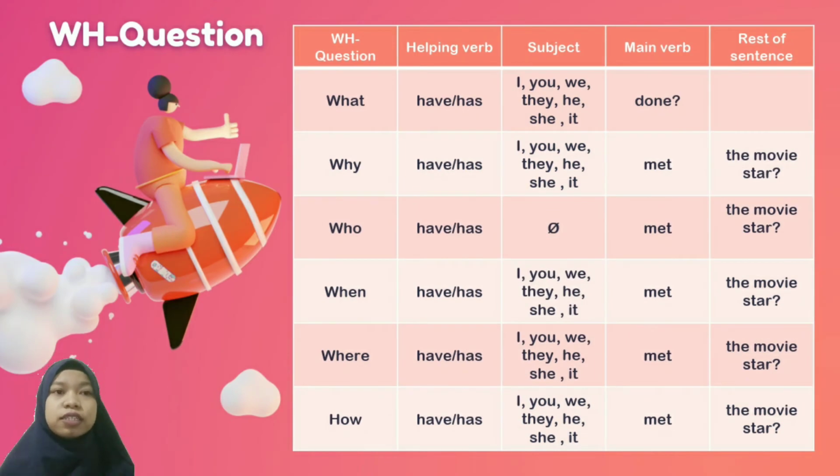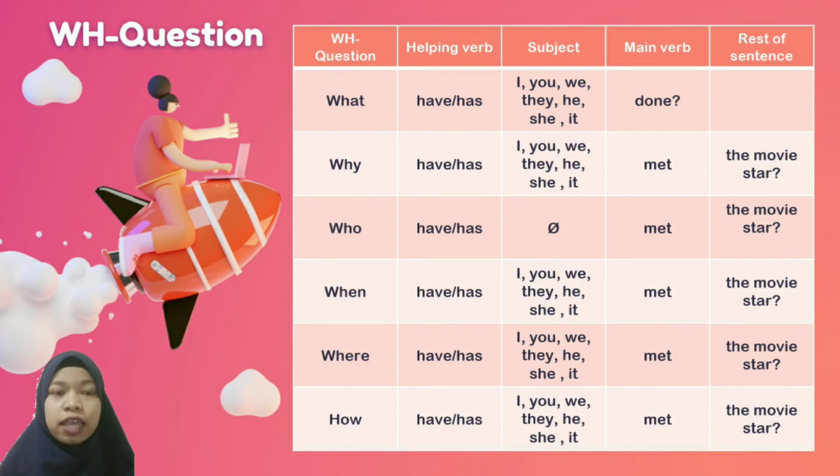Next, about the WH question of present perfect. The formula of WH question is WH question and then helping verb have or has and then subject and followed by verb. And if there is a rest of sentence, you can add it at the end after the main verb. So for what question, it is what have or has subject main verb done.